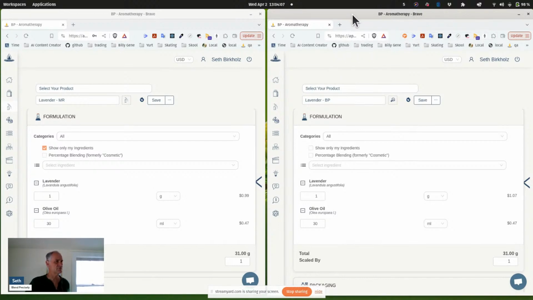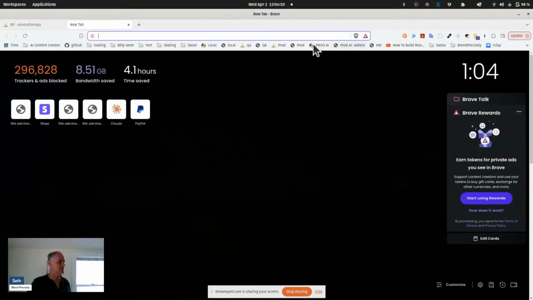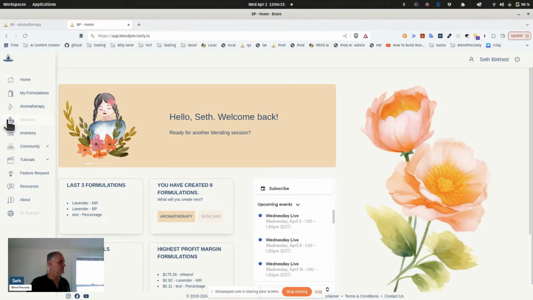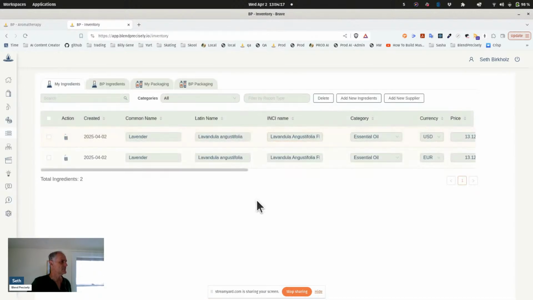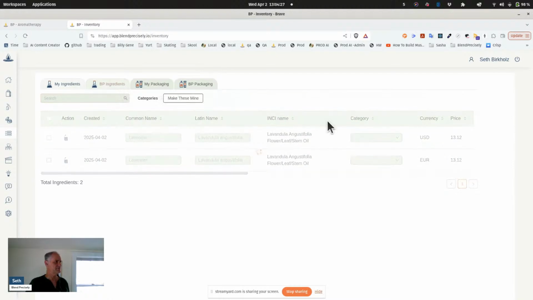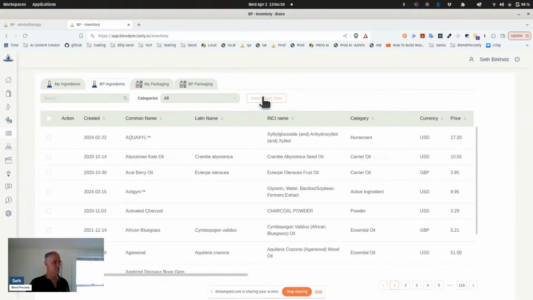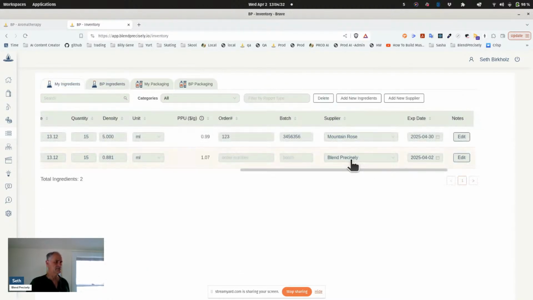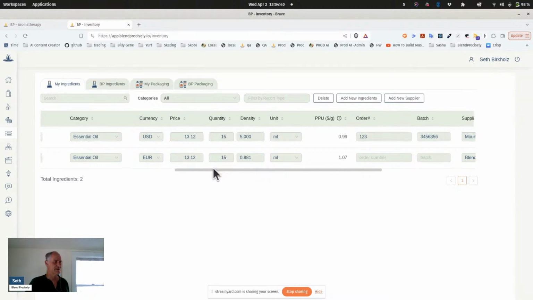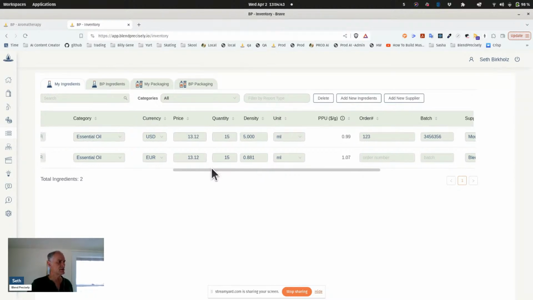Let me just bring that up real quick, and I'm going to do it on another screen and go to my inventory. So the difference between this one and that one is just the supplier. This is one that I copied over from Blend Precisely Ingredients. I said, make this mine. And this is something that we've created from our own back end of documents and things like this.